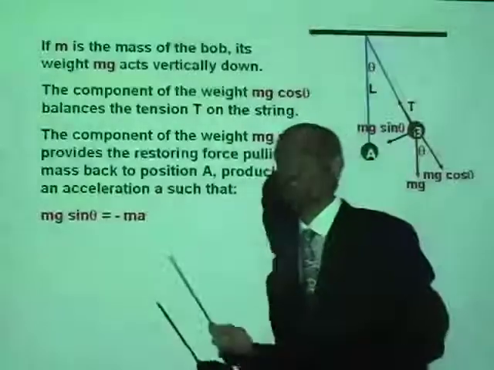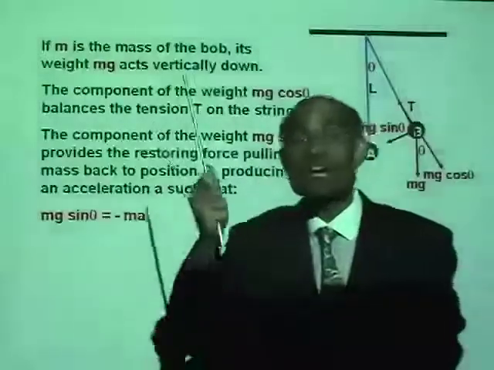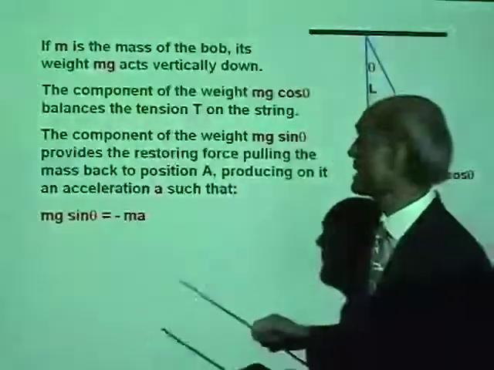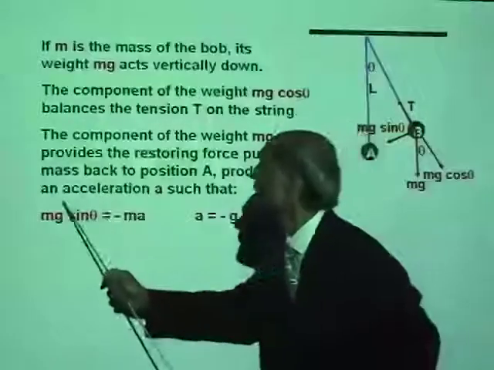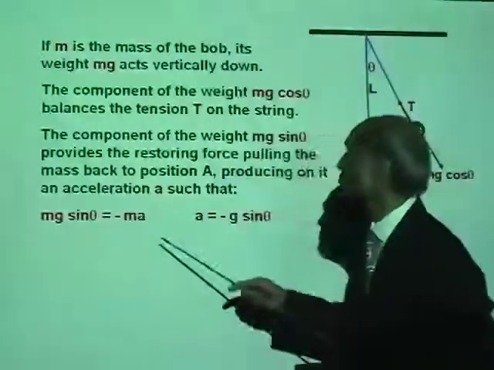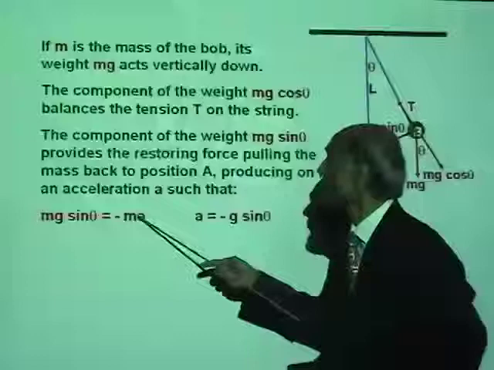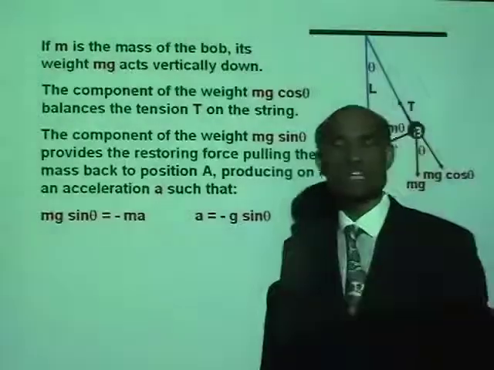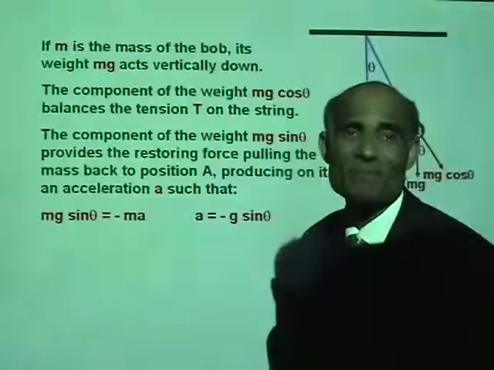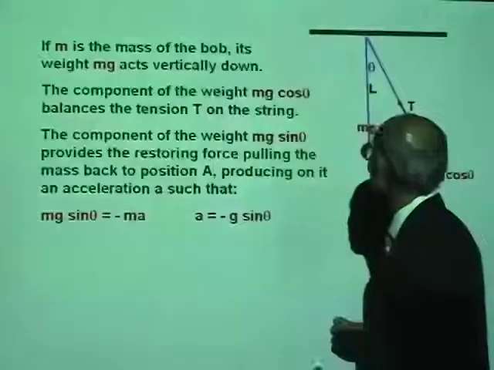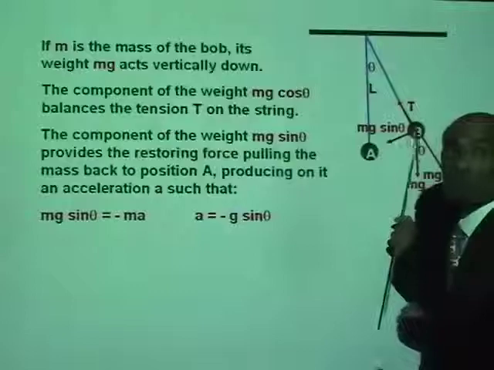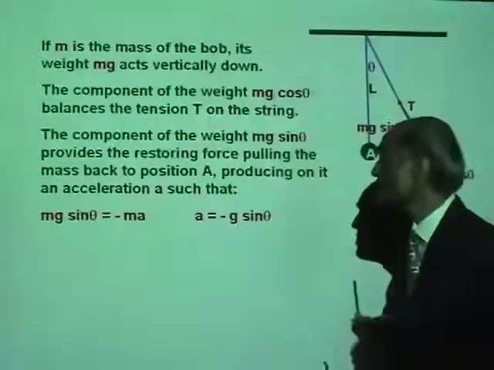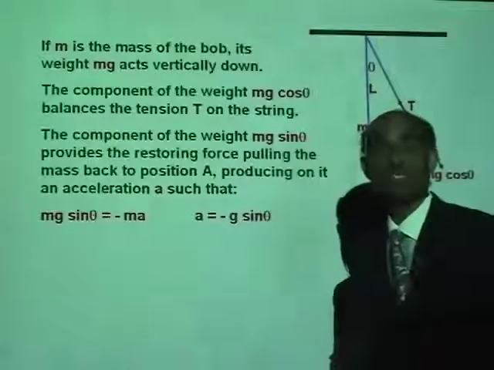Now why is it negative? Because the acceleration is opposite to the displacement. Now we can see m and m will cancel, and solving for a gives you a equal to negative g sine theta. This a is the acceleration produced on the pendulum bob by the restoring force.